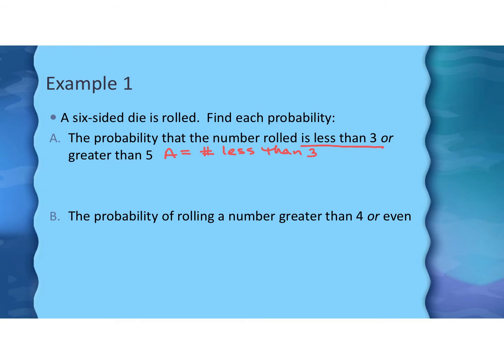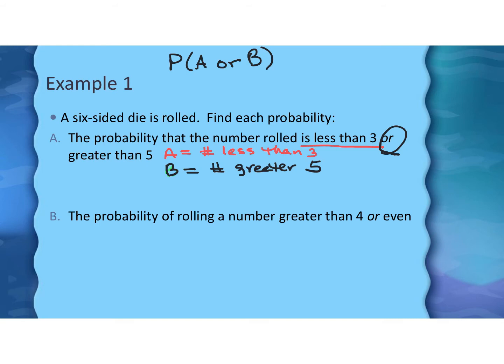Event B is going to be the number is greater than 5. So what I'm trying to find here is the probability of A or, notice in the description here, A or B. Now let's take a look at what we've got here.